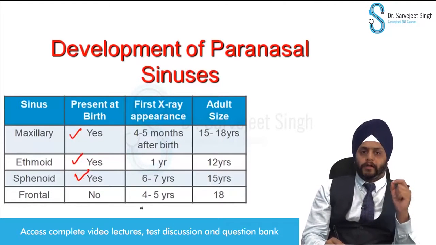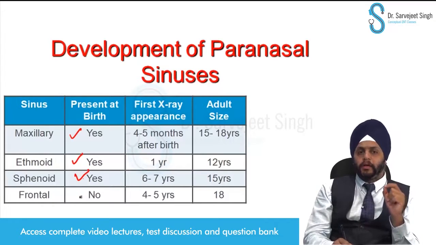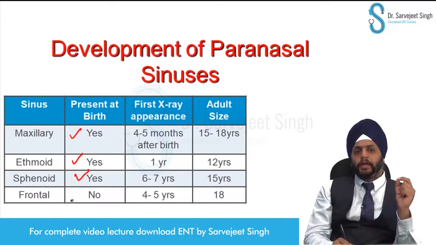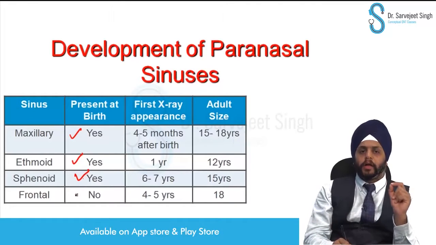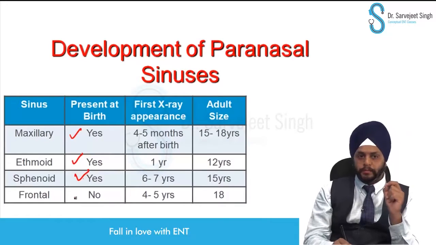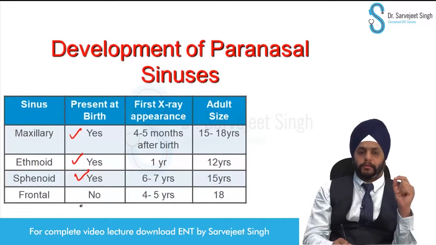Okay, what about frontal sinus? Now if we go to Gray's Anatomy, the language says that the frontal sinus is also present as a small cavity at the time of birth. But this cavity is indistinguishable from anterior ethmoidal cells.